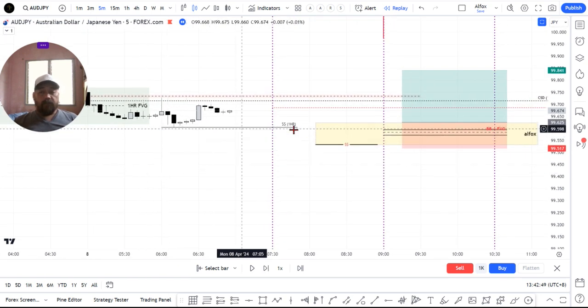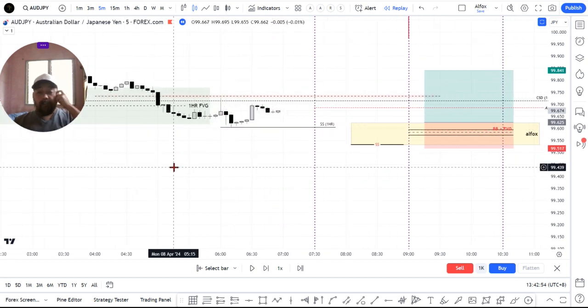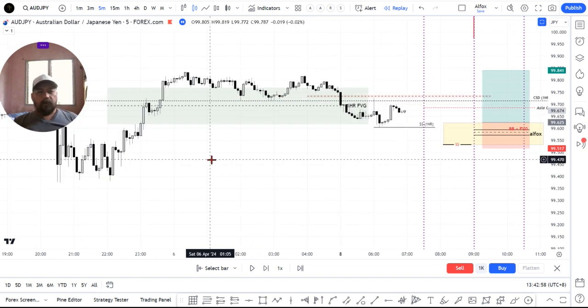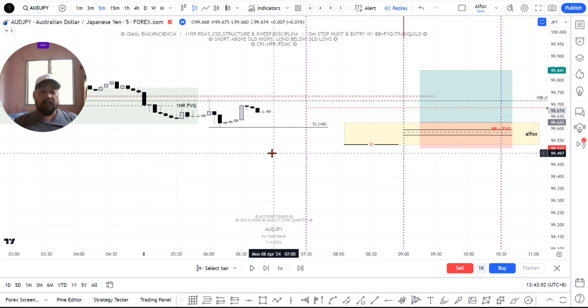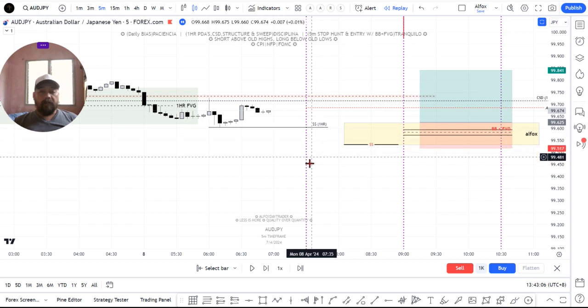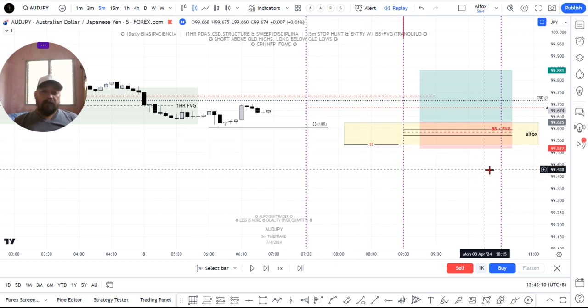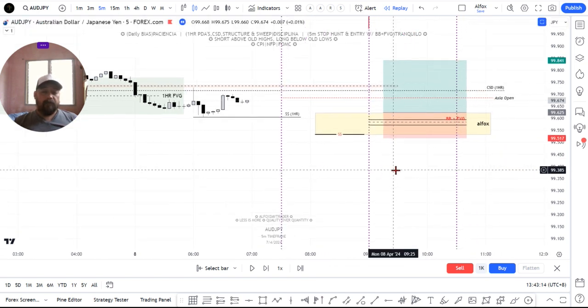We have our point of interest here. We also have this 1 hour fair value gap here. Everything is set, and all I did was wait for price to reach our trading zone, which is around 7:30 a.m. up until 10:30 a.m.